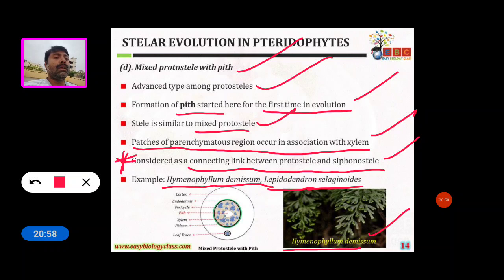This is the mixed protostele, similar to mixed protostele, and in this the pith formation is started.